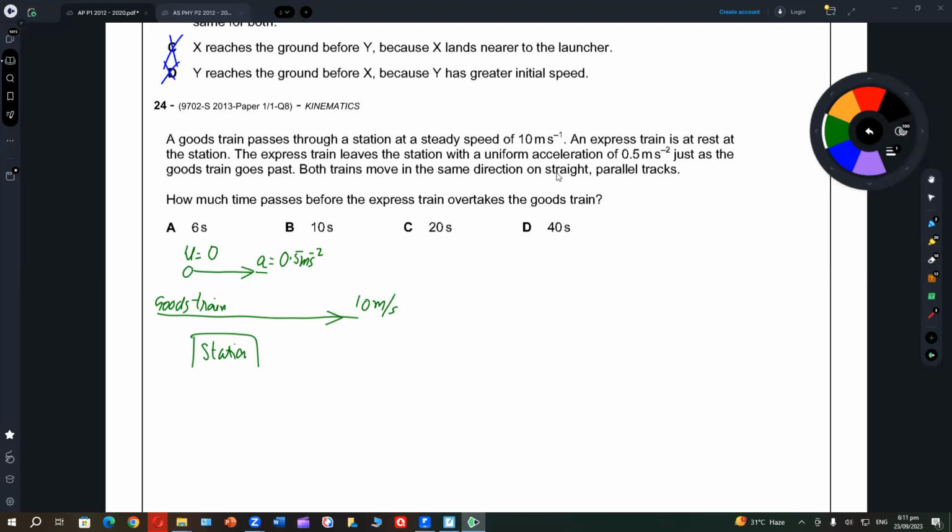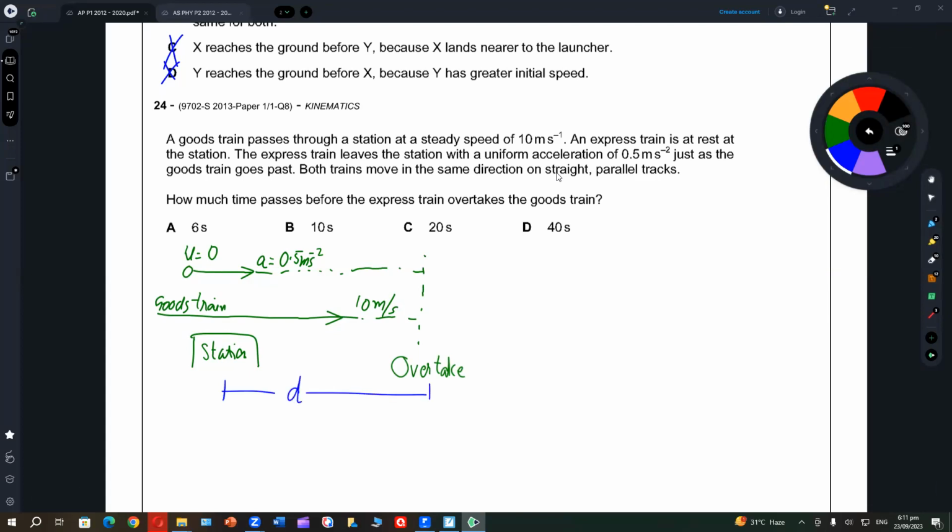It is going in this direction, and it's also going here. Suppose this is the overtake position.